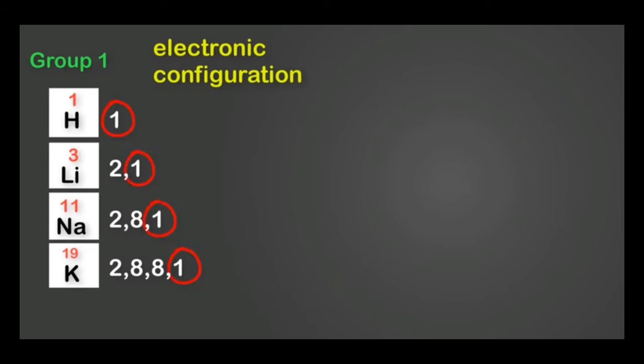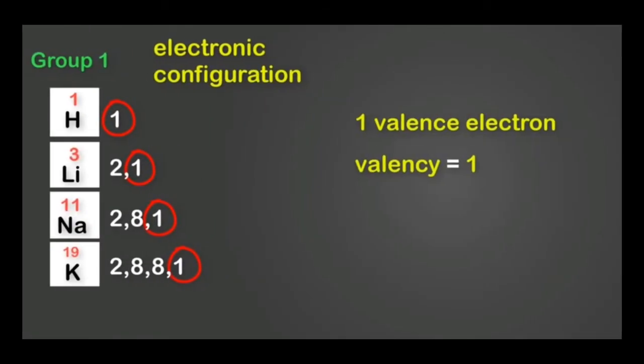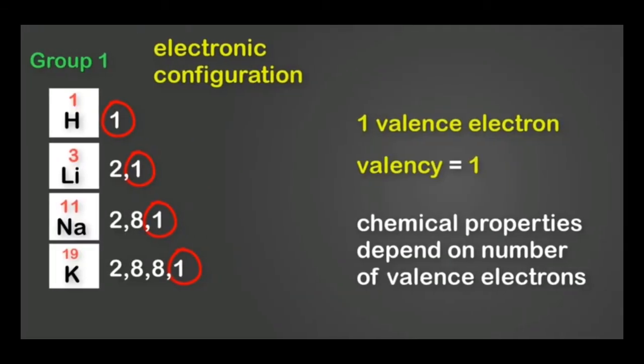Yes, they have one electron in their outermost shell. That is one valence electron. So, all these elements have the valency 1. And why do they have similar chemical properties? Because the chemical properties depend on the number of valence electrons.